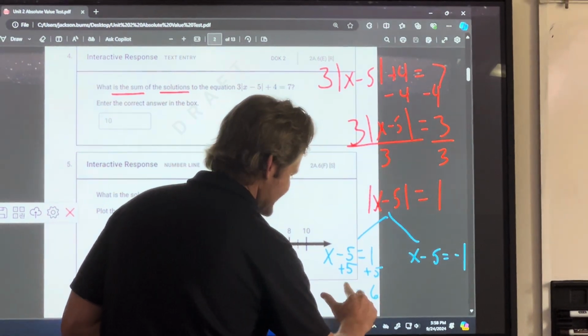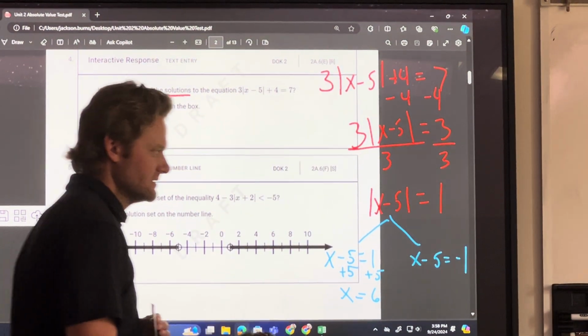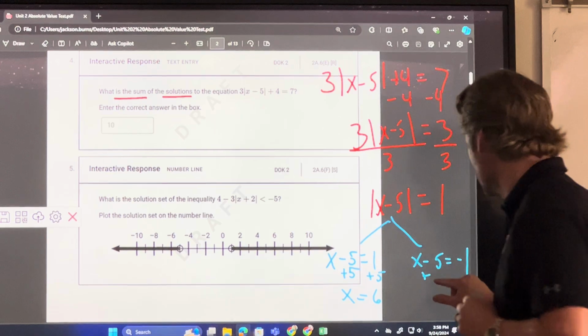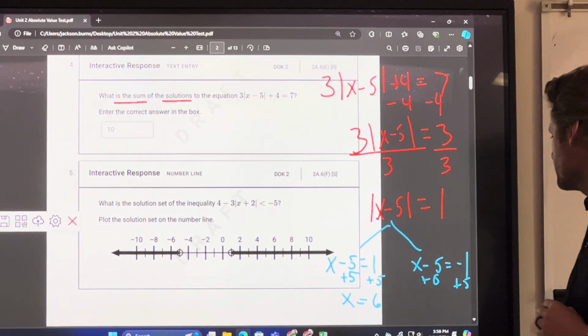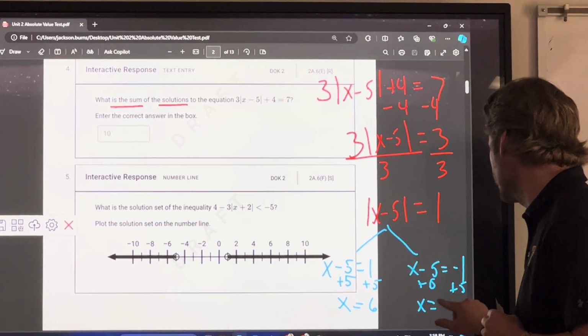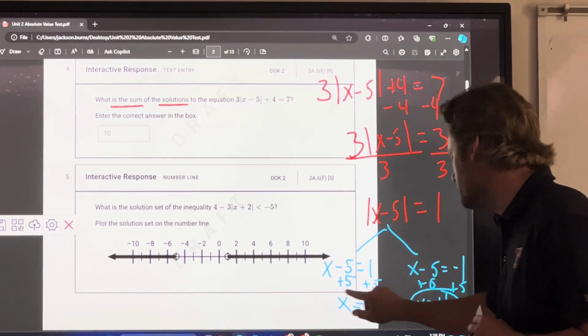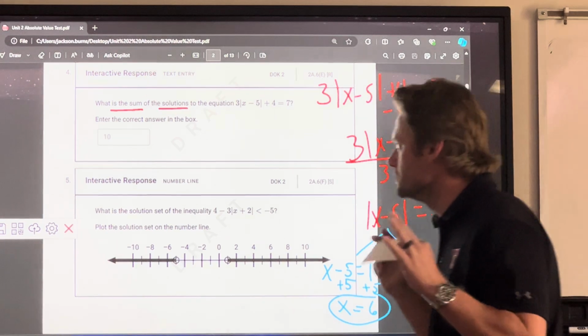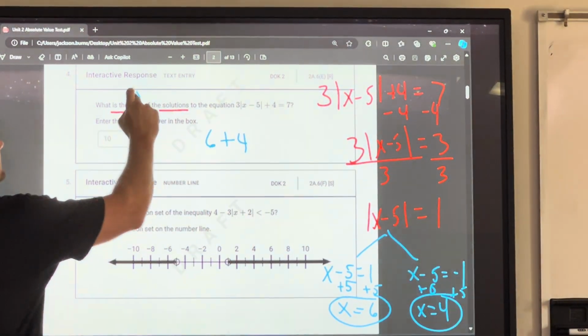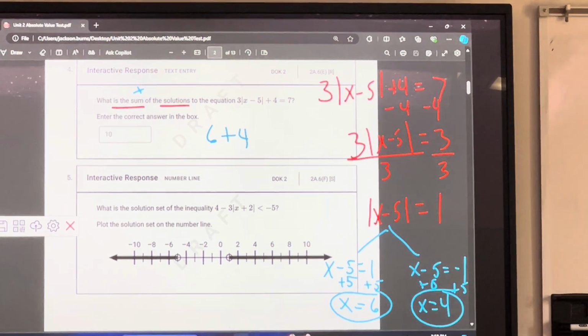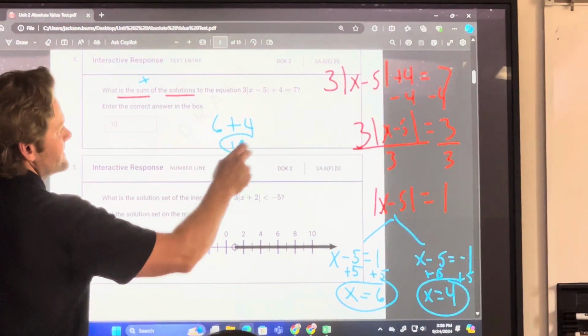So I get x equals 6 over here, and negative 1 plus 5 is gonna equal 4. So my 2 solutions are 6 and 4. Sum means I add them together, so I get 10.